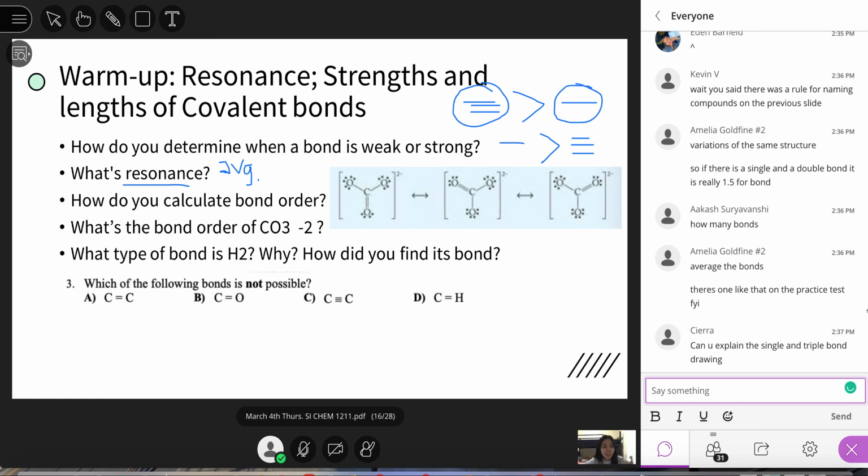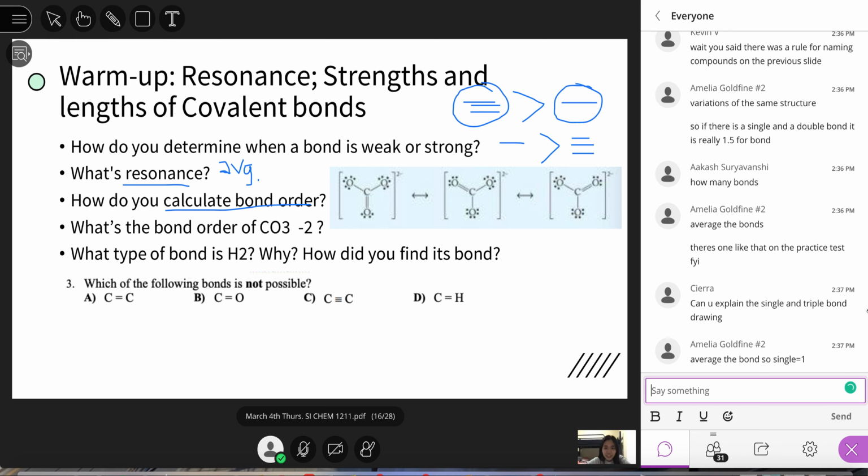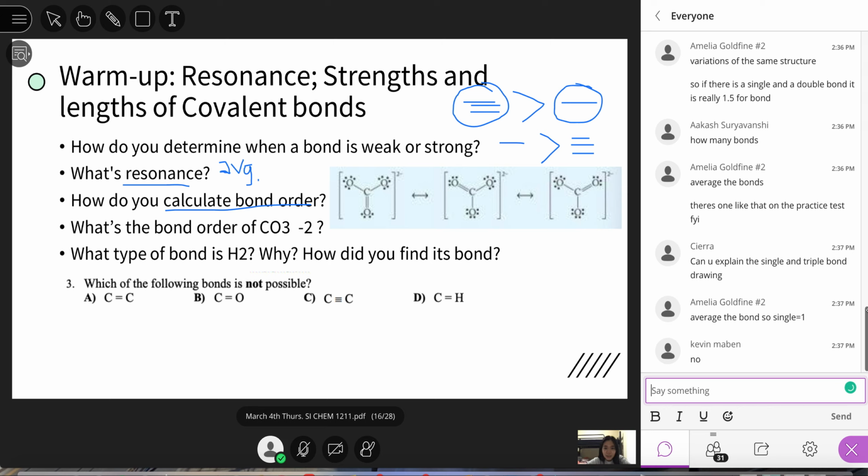Okay, how do we calculate bond order? Does anyone remember how? I'm not sure you'll need it on the test, but I would recommend knowing it. Don't take it too seriously.